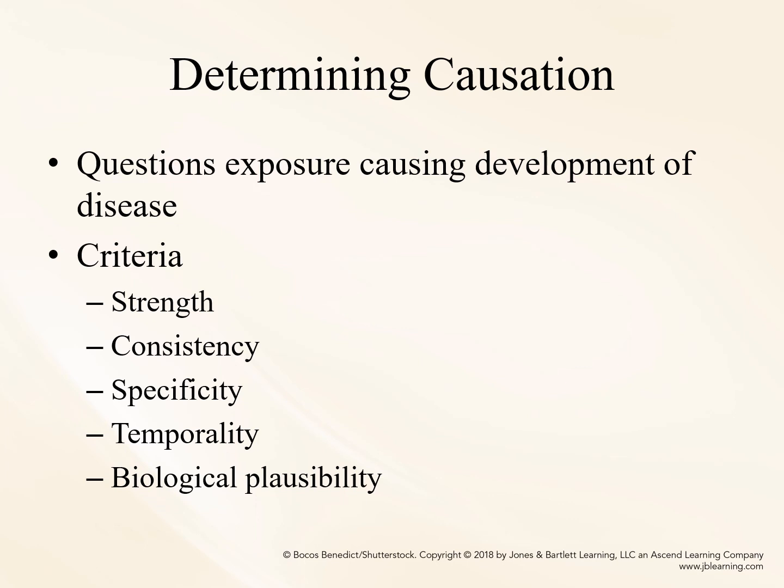Okay. Now strength discusses how strong is the association between the exposure and the disease. Okay. So how strong is the association between smoking and lung cancer? Are those that are exposed, or those that smoke, 3, 5, 10, or 100 times more likely to develop the disease than those who are not exposed?